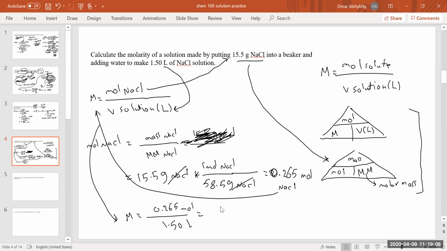So divided by 1.5, it will give us, sorry, 0.177 approximately mole per liter. Now this you can replace with capital M. This is called molar. You can write it down as a capital M or mole per liter. It's up to you.